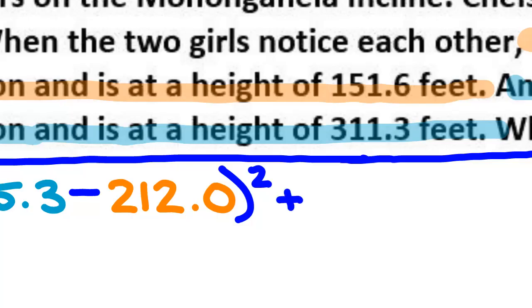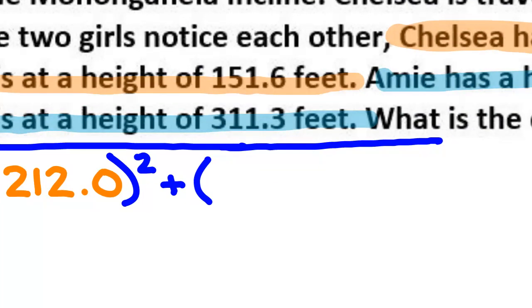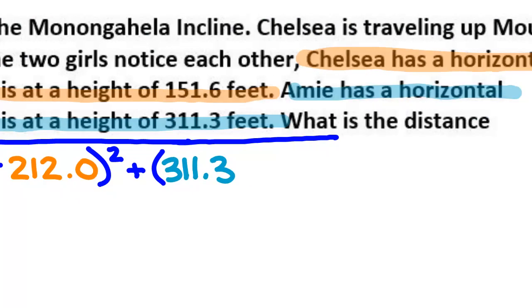And then we have plus and another set of parentheses. y2, what is y2? 311.3. What symbol do I put after the 311.3? What symbol has to come after the 311.3? Minus, yes. 311.3 minus.